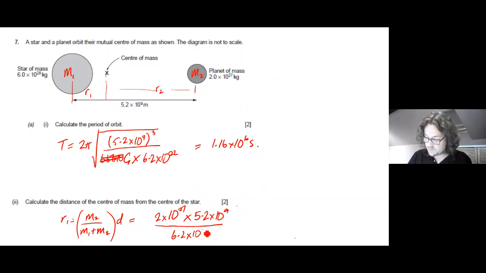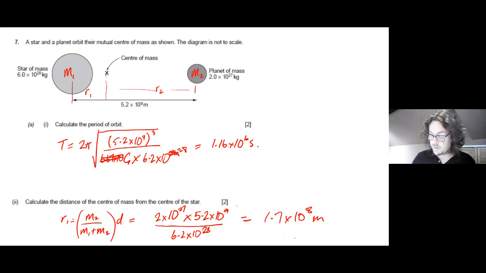My bad, 28. And that then comes to 1.7 times 10 to the 8. All right, and that's distance, so that's meters.